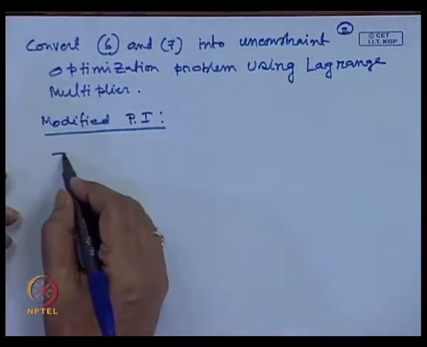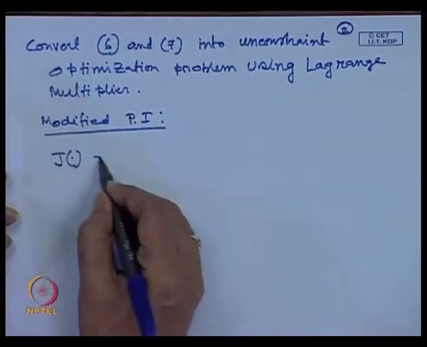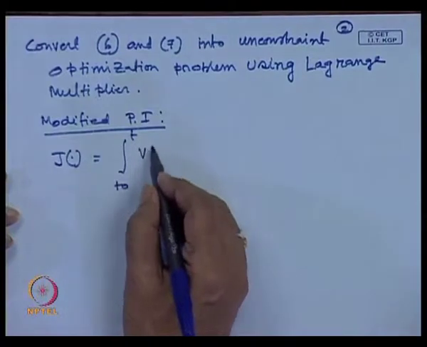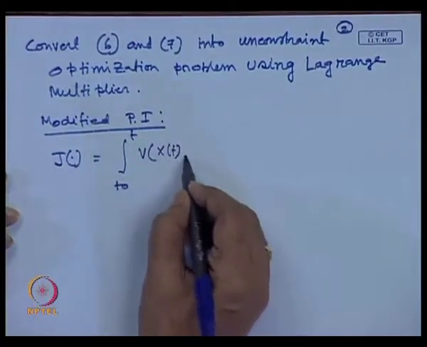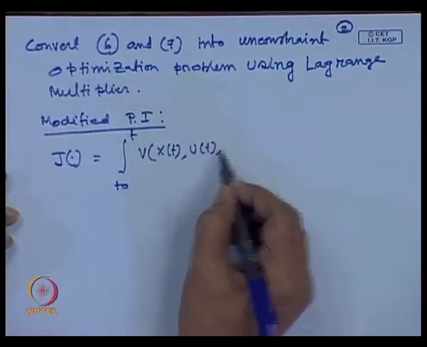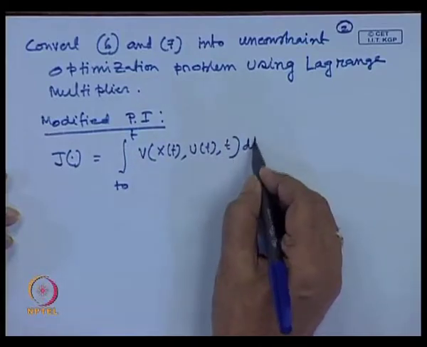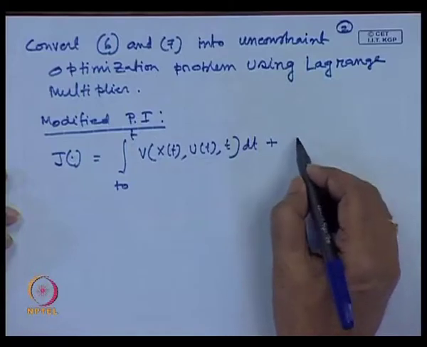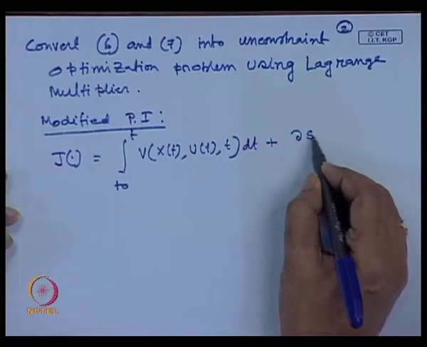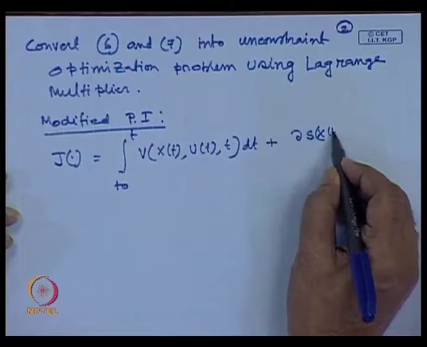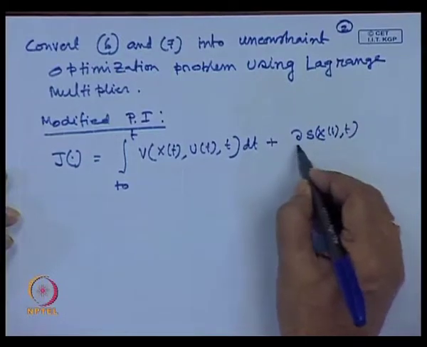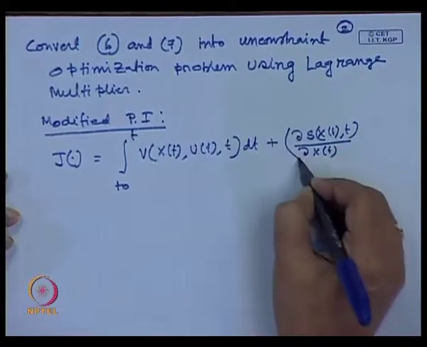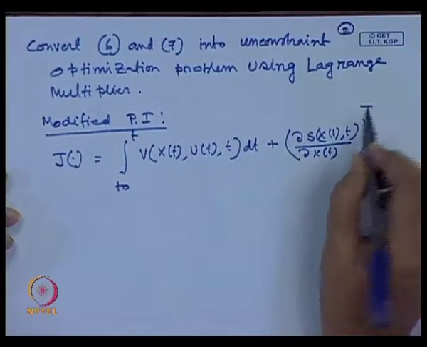So, our J is equal to the integral from T 0 to T f of V x of t, u of t, t dt, plus the integration of del S, a function of time x of t, del x of t whole transpose.